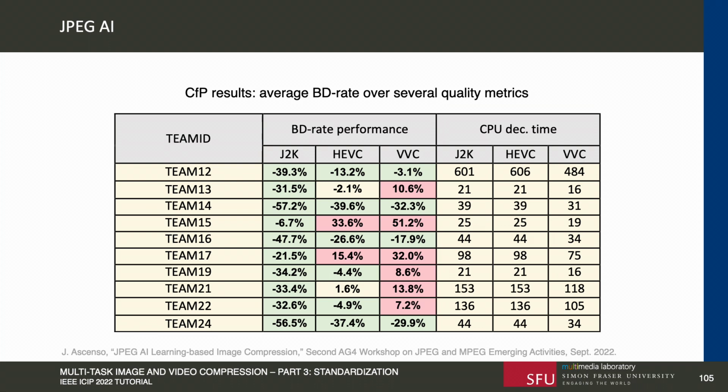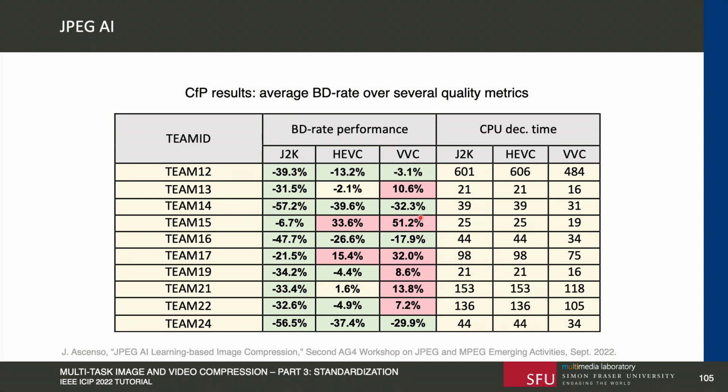And here are the results of the JPEG AI call for proposals. 10 teams submitted contributions based on the call for proposals, and they were compared in terms of several quality metrics, which included PSNR and some of the perceptual metrics, against JPEG 2000, HEVC Intra, and VVC Intra. And we see that all the submitted contributions were better than JPEG 2000, many of them better than HEVC Intra, and a few of them better than VVC Intra.